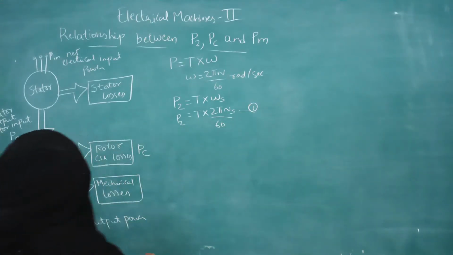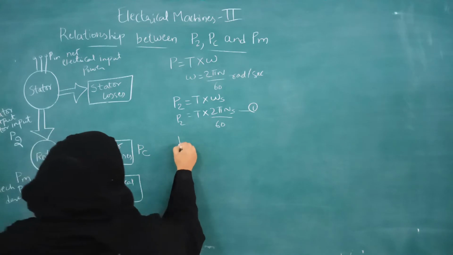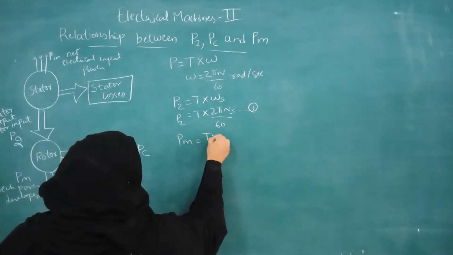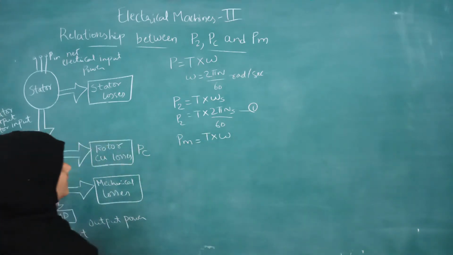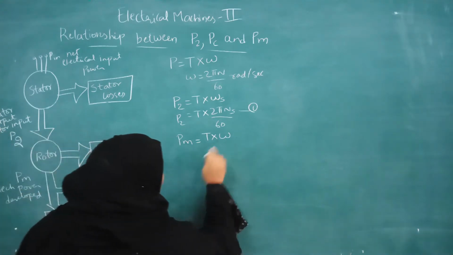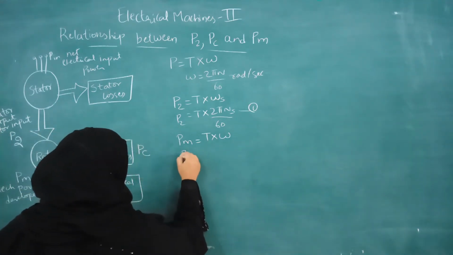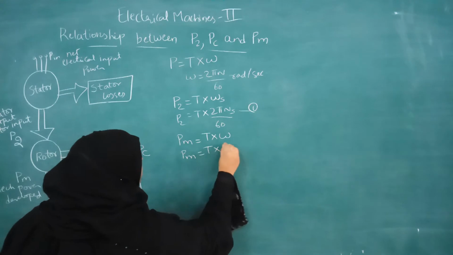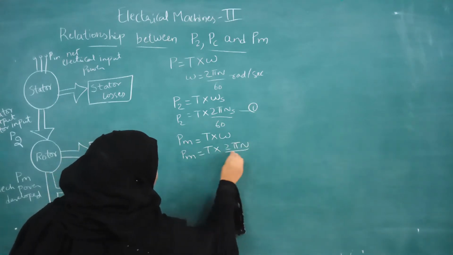Now coming to the output of the rotor. Output of the rotor is PM. PM will be equal to T into omega. Now it is moving with the speed N, so I am not writing omega s here, I am writing only omega. So PM will be equal to T into 2 pi N by 60.